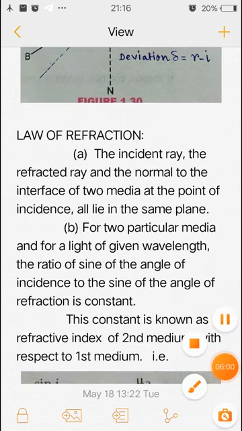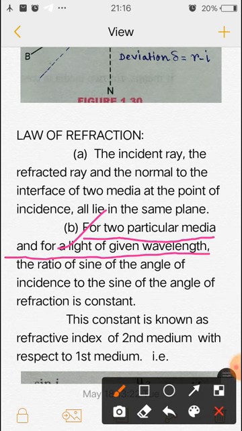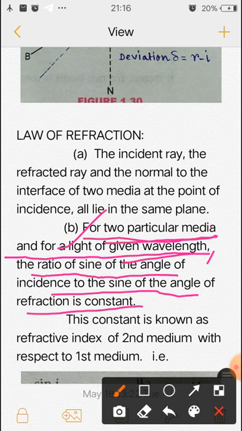And the second rule is very important. For two particular media and for light of a given wavelength, you have to mention these two points, the ratio of the sine of the angle of incidence to the sine of the angle of refraction is constant.